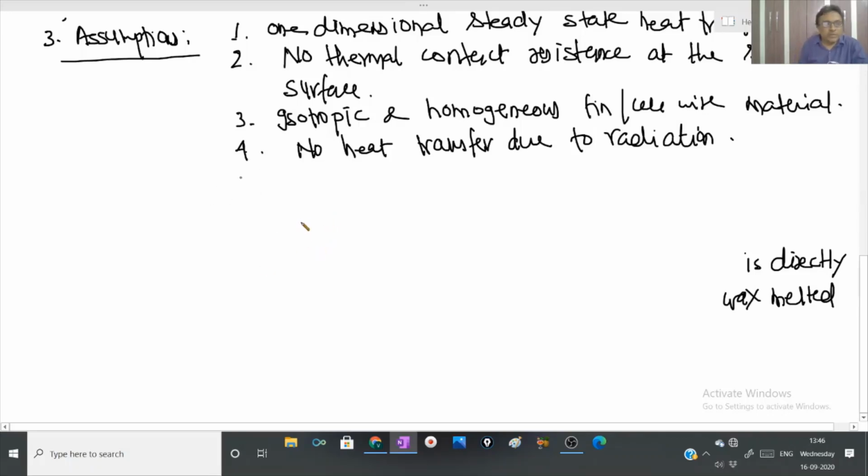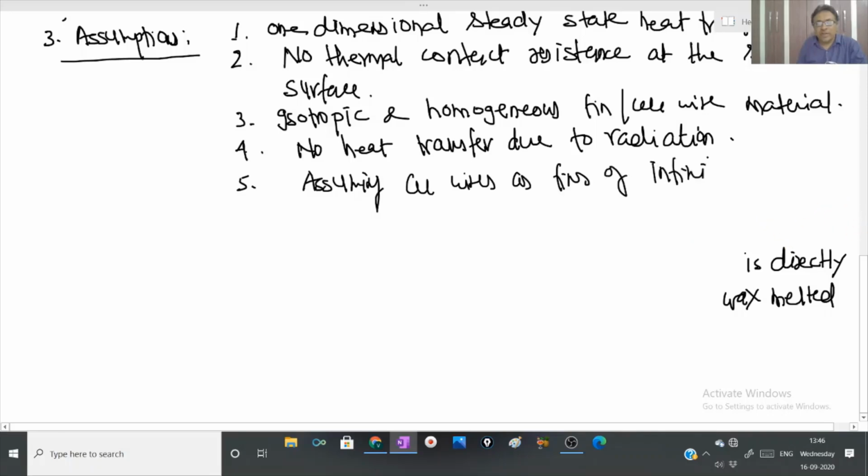Then assumption number 5, assuming copper wires as fins of infinite length, that is, their L tends to infinity.